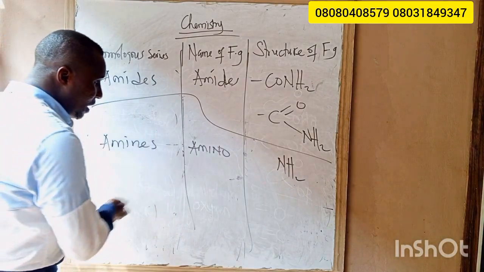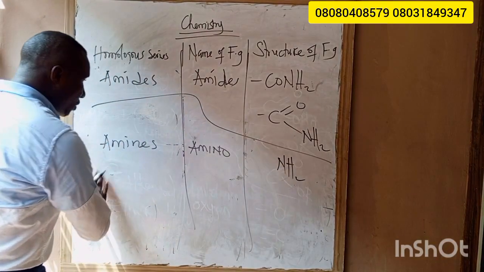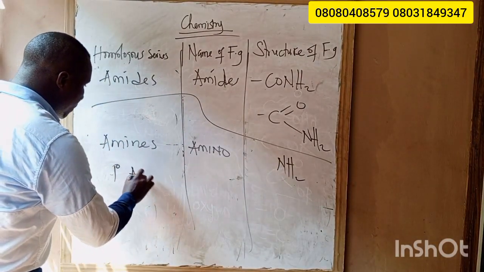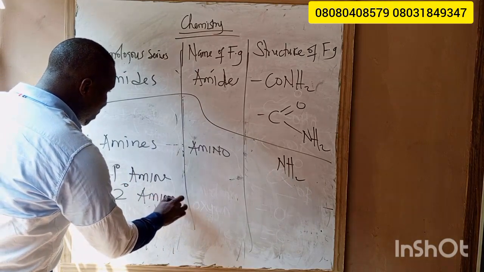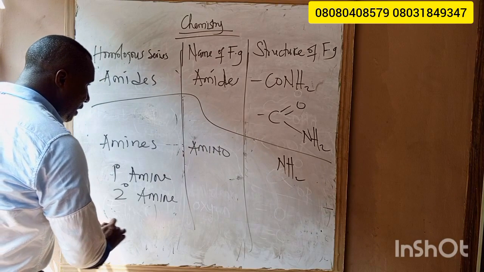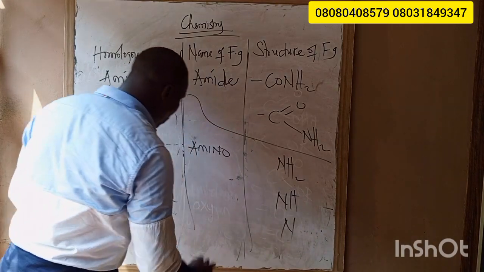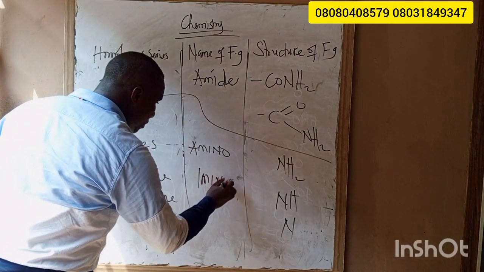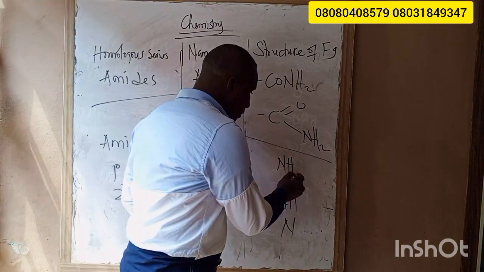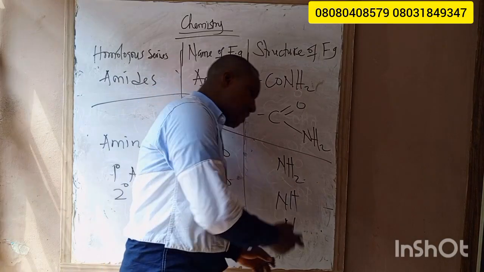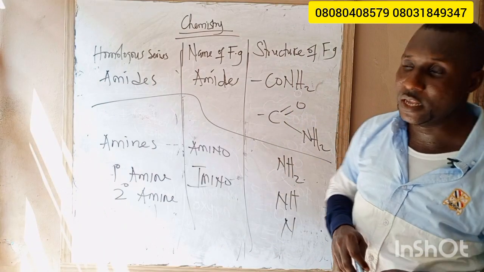This is primary amine. We have secondary amine, and we have tertiary. That one we have NH, this one is known as imino. This one is primary amine, we have secondary amine, and we have tertiary amine.